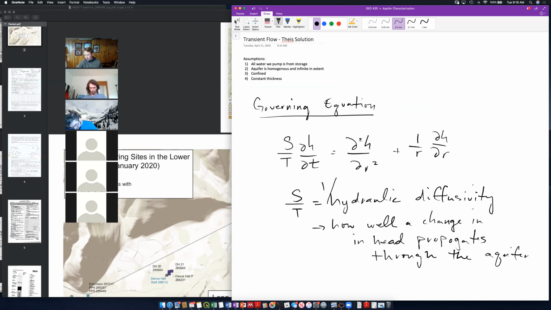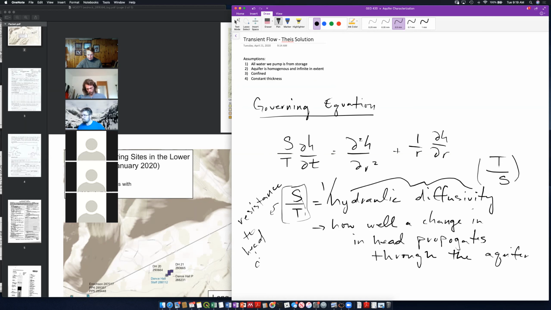So the hydraulic diffusivity is actually equal to the transmissivity over the storativity. So this is the inverse of hydraulic diffusivity. So this would be the resistance. This term here would be the resistance to head change.